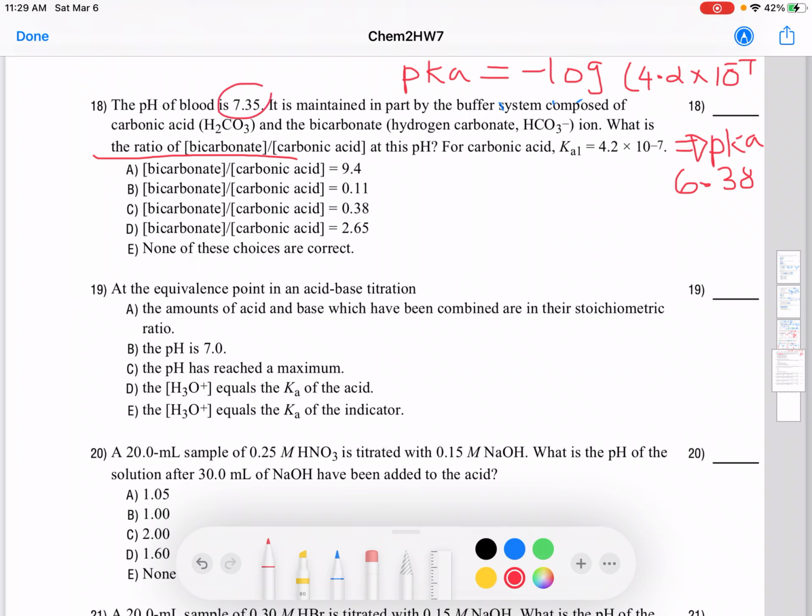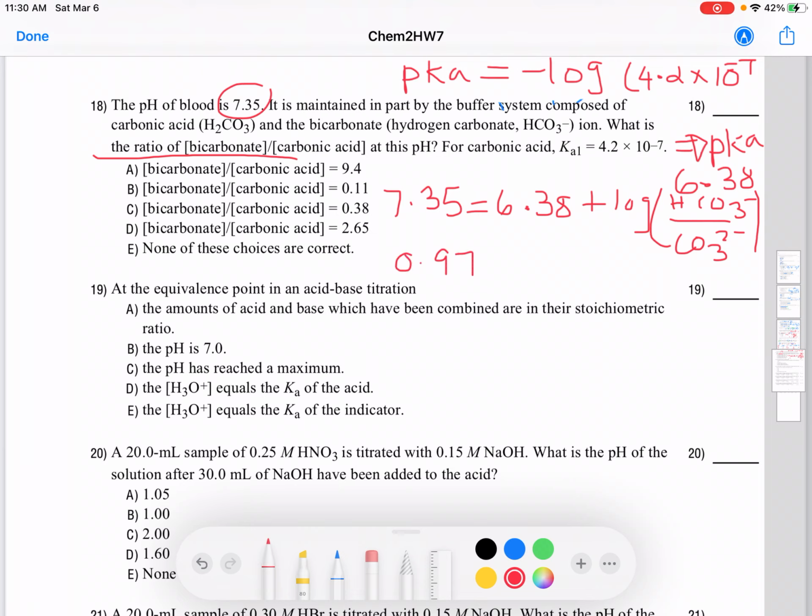So the pH is given as 7.35. Use the Henderson-Hasselbalch equation. 7.35, pKa 6.38, and then you want to find out the ratio, log of HCO3 minus over carbonate. This is what we want to find out. So 7.35 minus 6.38 would be 0.97, equals log of HCO3 minus over carbonate.